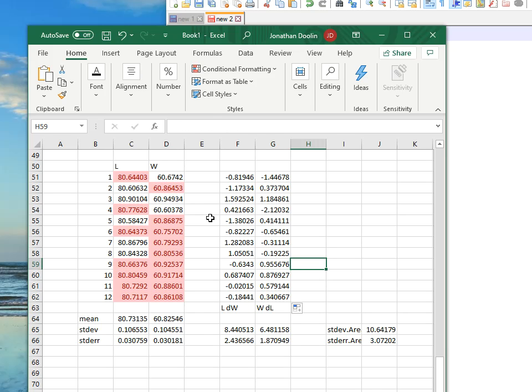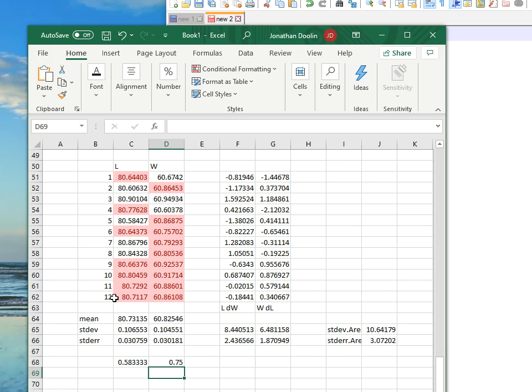And everywhere where we have a number more than 1 away from the standard deviation, we get a non-highlighted number. Percentage-wise, this is going to be 7 out of 12, and this is going to be 9 out of 12.